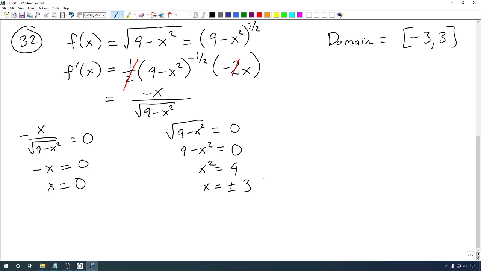So in a way, we've gained two critical points from here. There are the endpoints of our domain. If we go ahead and make our number line, this time I'm not actually going to put the arrow here because we actually are never going to go past negative 3 and 3. There's no interval from 3 onward, or no interval from negative 3 downward.